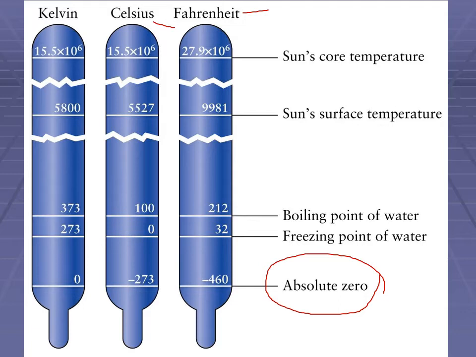Remember, temperature is a measure of the kinetic energy of the molecules, so you want zero to be absolutely zero, with no motion of the molecules. The scale that does that is the Kelvin scale, in which 0 Kelvin is absolute zero. On the Kelvin scale, water freezes at 273 Kelvin and water boils at 373 Kelvin.